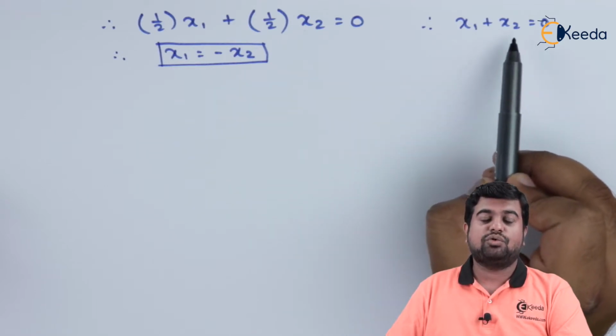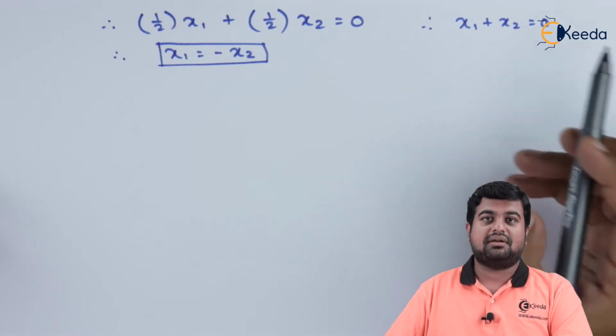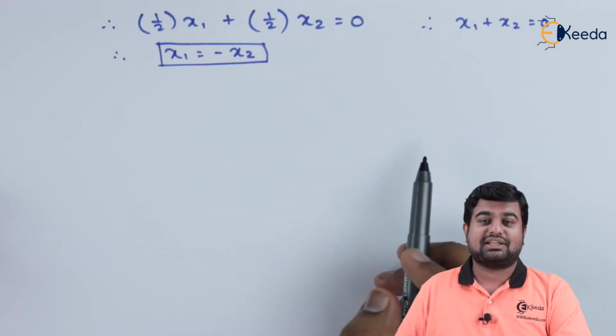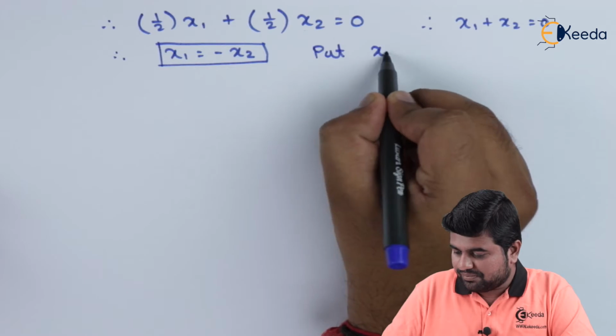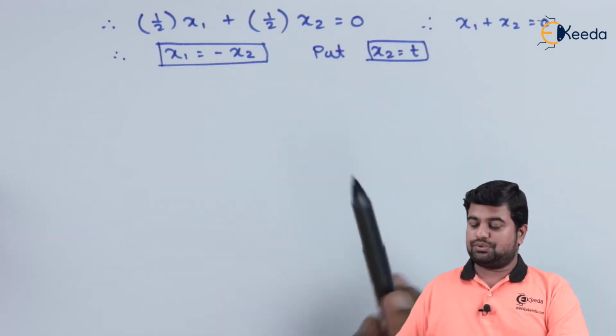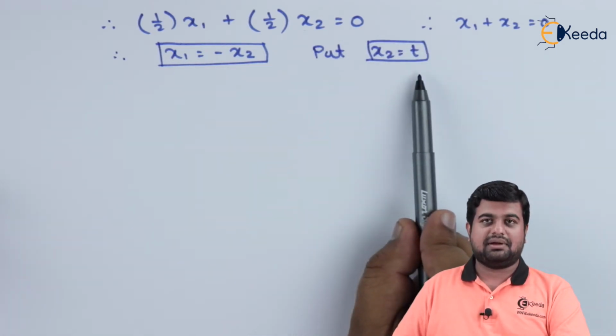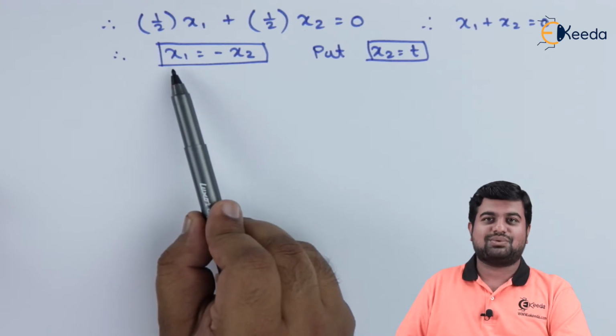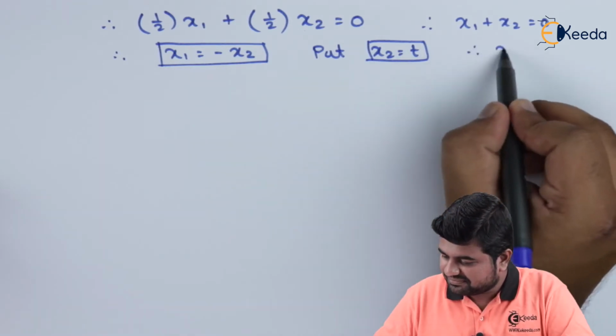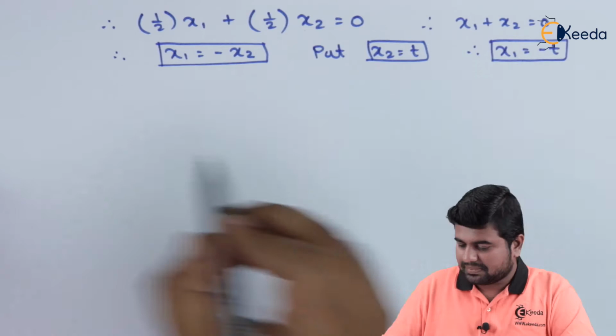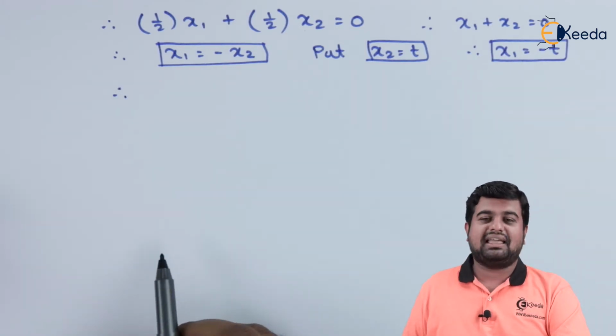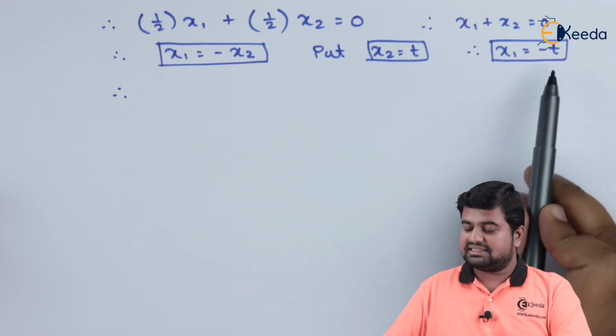So I'm going to have 2 minus 1 equal to one parameter, and that parameter is x2. Let us put x2 is equal to t, which is one parameter. So naturally I'm going to have x1 as minus t. And therefore the first eigenvector X1 is equal to (minus t, t).